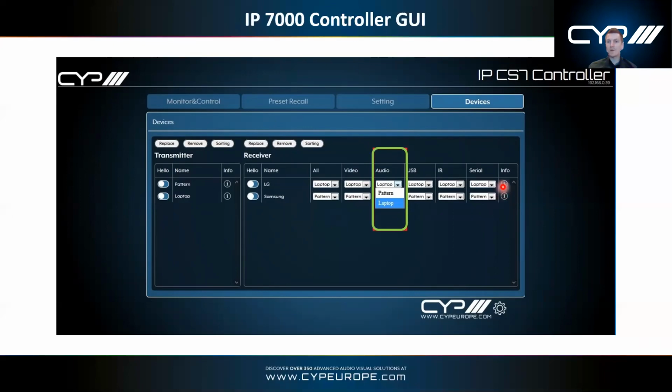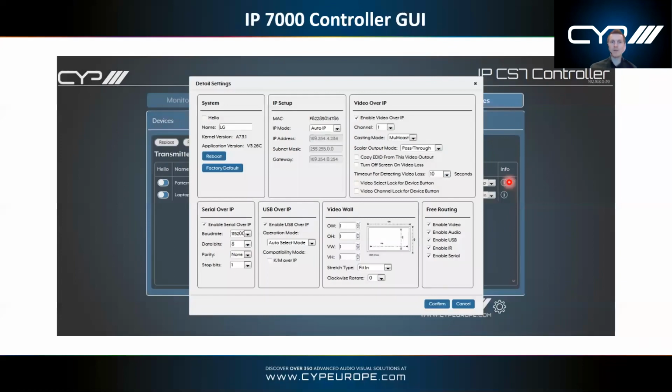Now all of that, you just click on the I for information button here, and you'll then be given a screen like this. So this is then showing you the detail settings of a receiver. So things like system here, that will tell you the name of that unit, gives you the option to reboot or factory default. It also tells you the firmware version in case you need to speak to our engineers at any point.